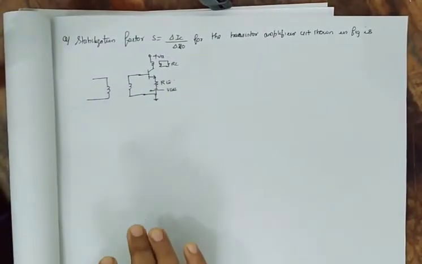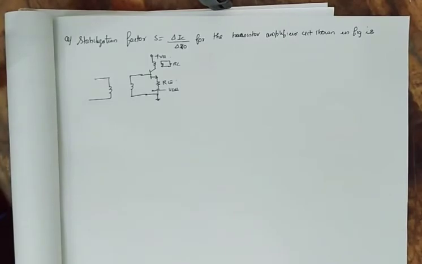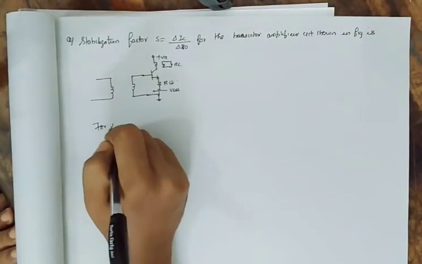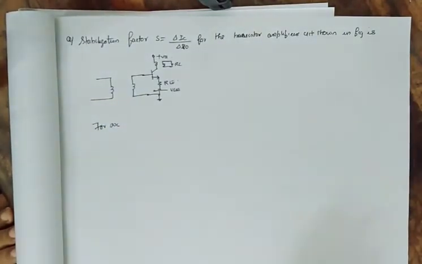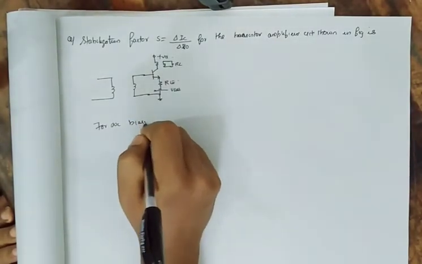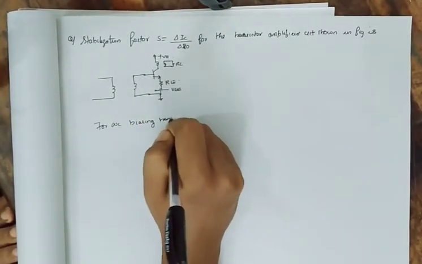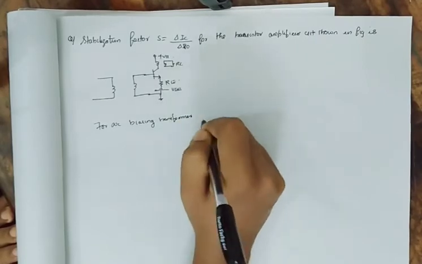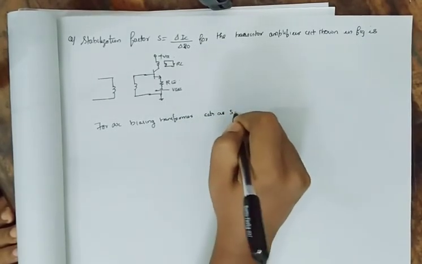The stabilization factor is, that is delta IC divided by delta ICO. Okay, that is ICO, for the transistor amplifier circuit shown in the figure. So one thing to be noted is, for DC biasing, transformer acts as short circuit.